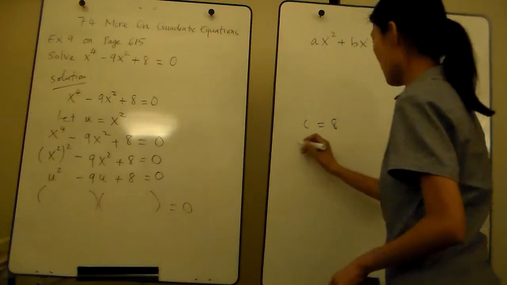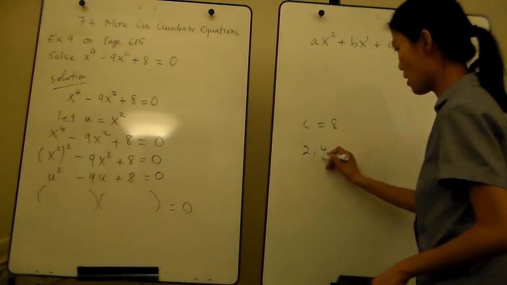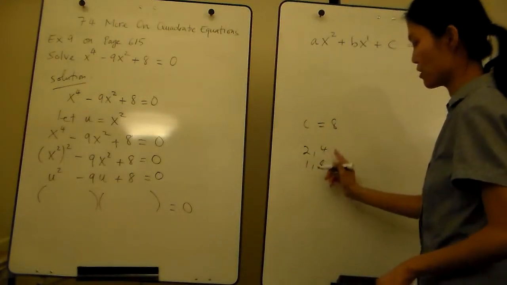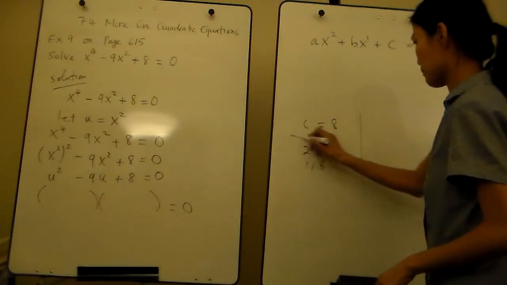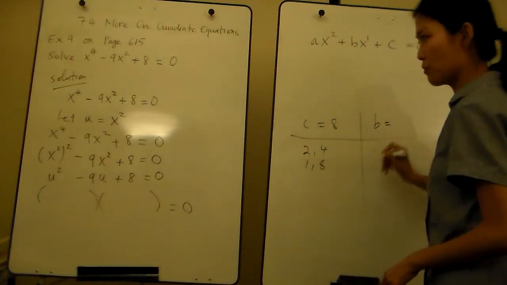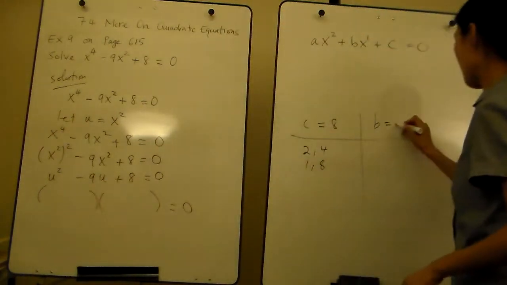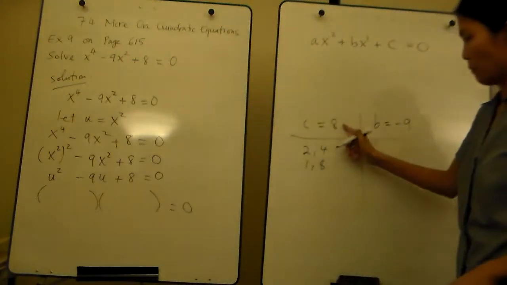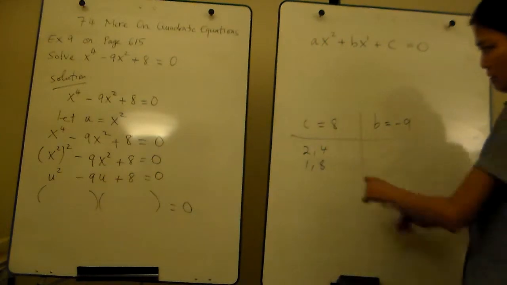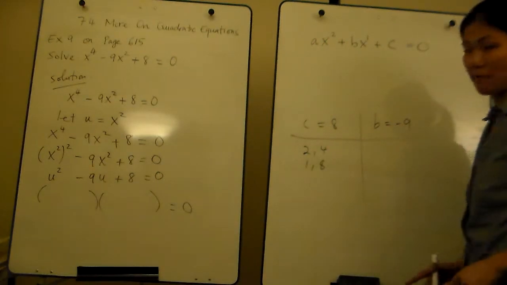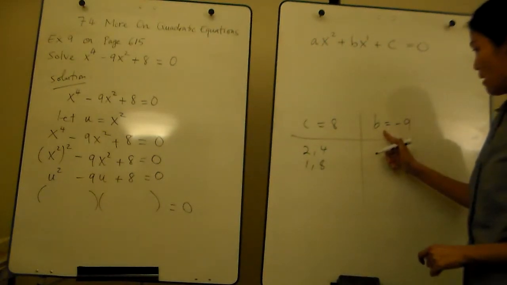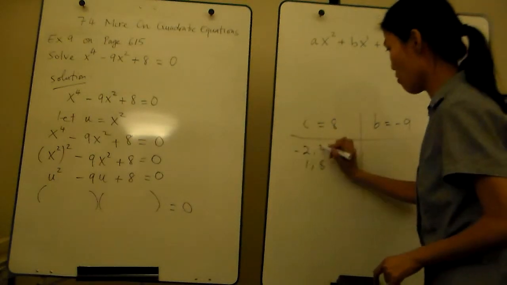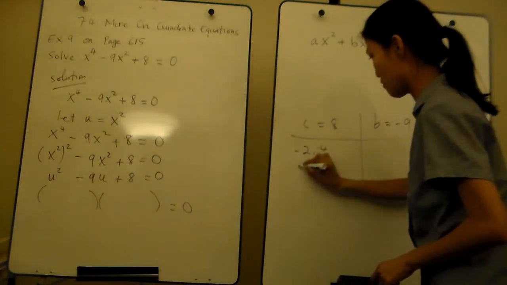Factors of c are 2, 4, 1, 8. 4, 2 is the same as 2, 4. Now b is equal to negative 9. Since c is positive, that means factors of c will have the same sign as b, and b is negative, so all factors of c have a negative sign.